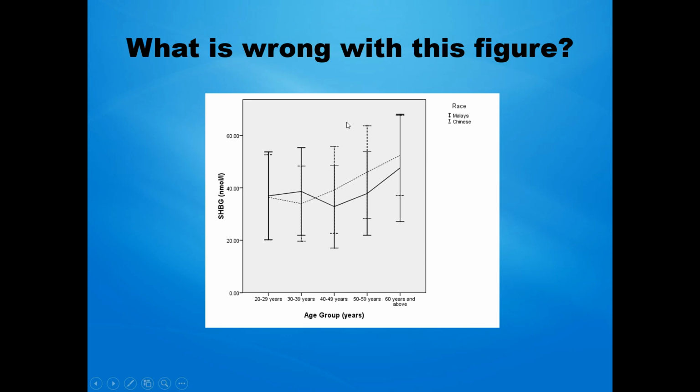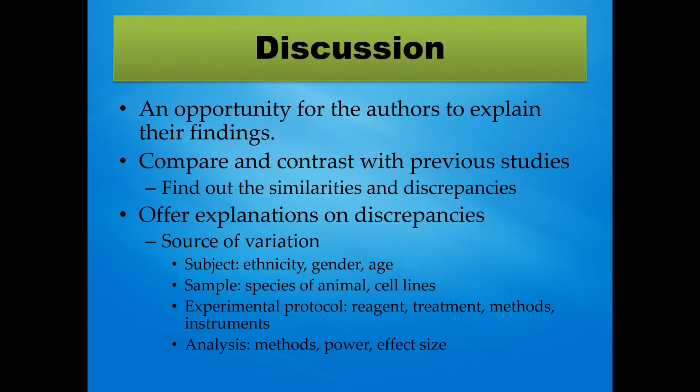There's no indication of significant differences, but if you read the text itself, maybe there's no significant difference between the SSBG level of Malay and Chinese men. Okay, so you have to refer back to the text to determine whether the lack of marking of significant results is because there's no significant result at all, or because the authors forgot to mark it in the figures.